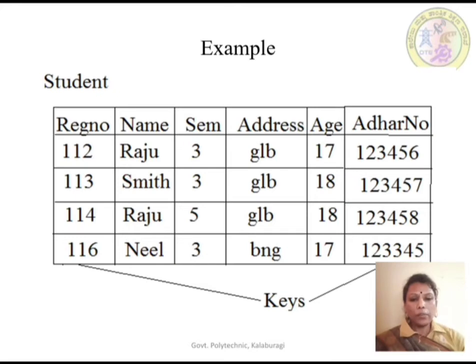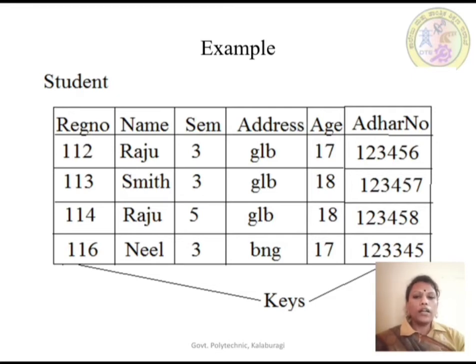So here I am getting two addresses for Raju, which is not the correct thing. So by considering the name, I cannot identify a particular student. I need some unique identification number that can be achieved using register number. So using register number, I can identify a particular student entity. That's why the register number is called the key or primary key.